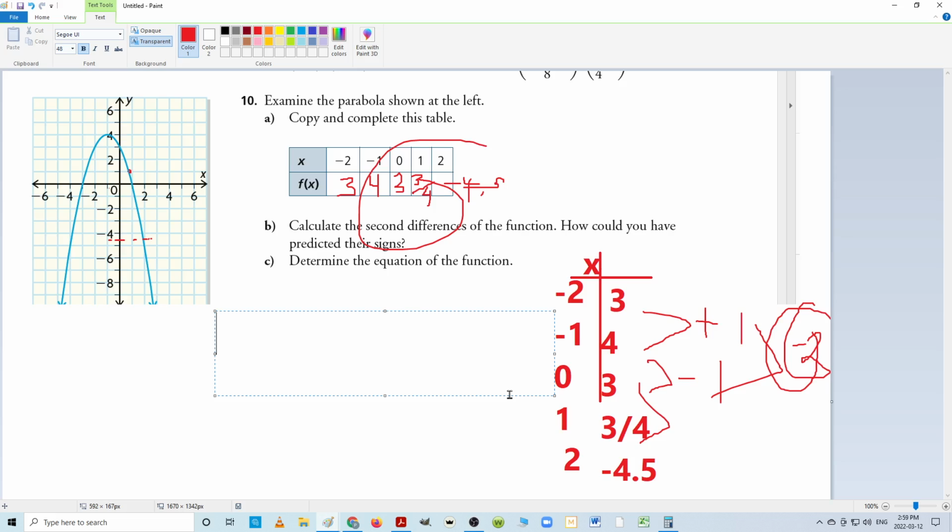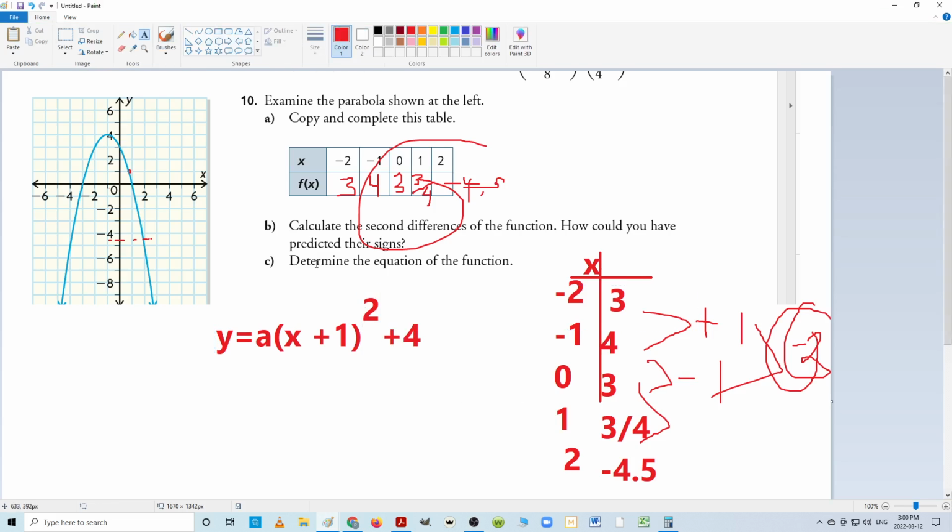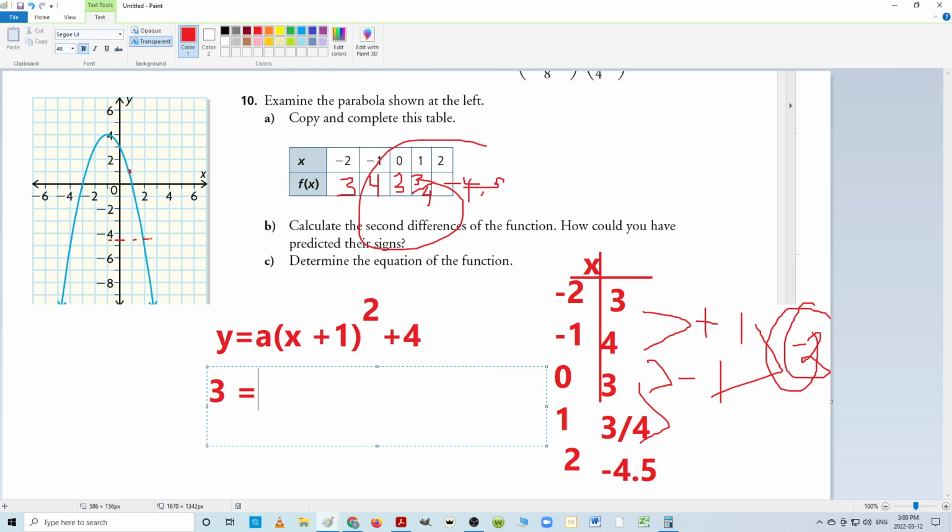Doing the equation, it's easier for me to do the vertex form than it is to take the first differences. Because it's a precise point. And then the other precise point I can see on there is the y-intercept. So I'm going to use that. 0 plus 1, which is 1, and 1 squared is just 1. So I get that.